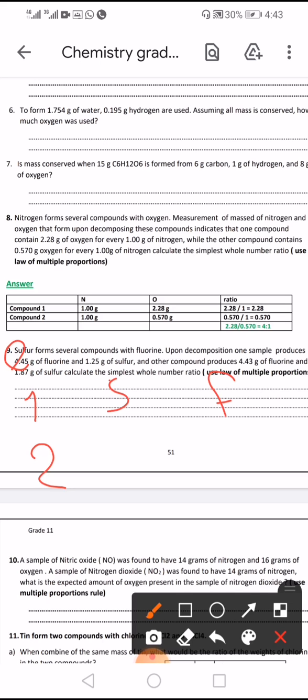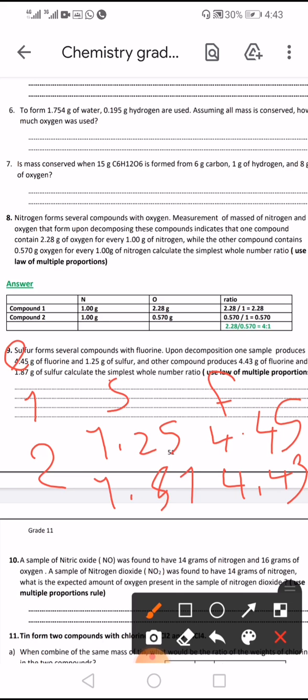In compound 1, fluorine is 4.45 and sulfur is 1.25 gram, and the other compound produces 4.43 of fluorine and 1.87 of sulfur. And we want to calculate the simplest whole number ratio in the two compounds.